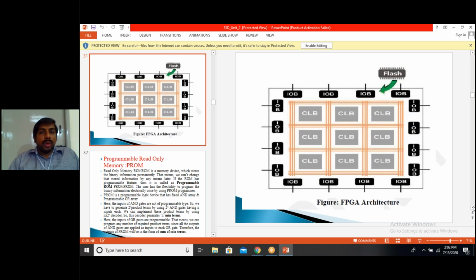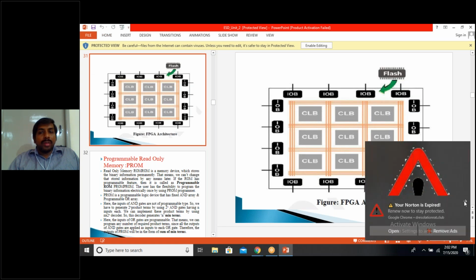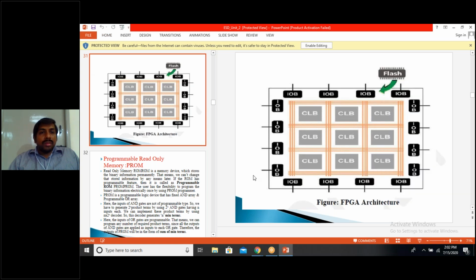Your pins can act as input or output, but the internal logic is the CLB, configurable logic block, which is nothing but a lookup table. Based upon the program written, you have to configure your FPGA. Whatever program is written to implement any hardware, that hardware program is dumped into the FPGA, into the CLBs connected by switch matrices.